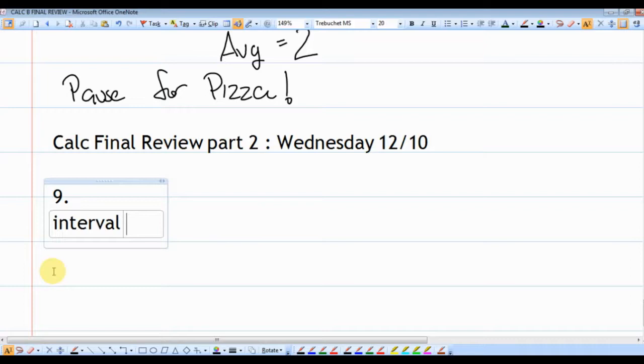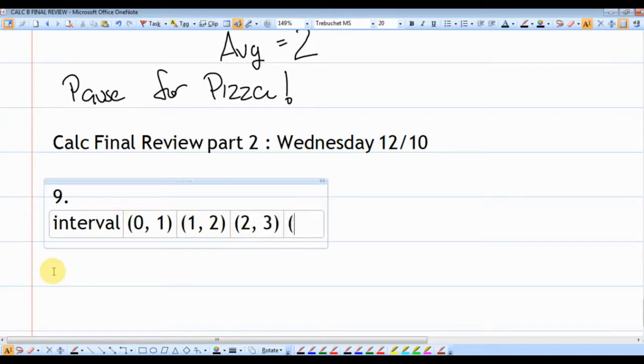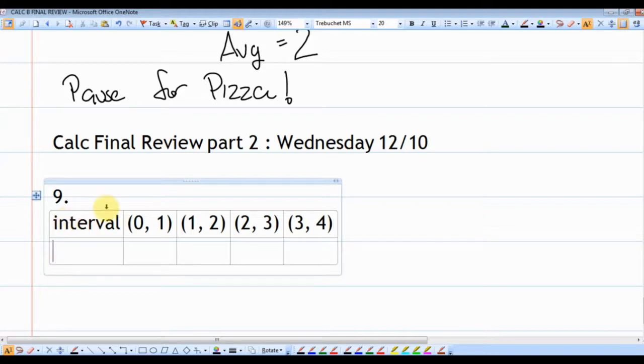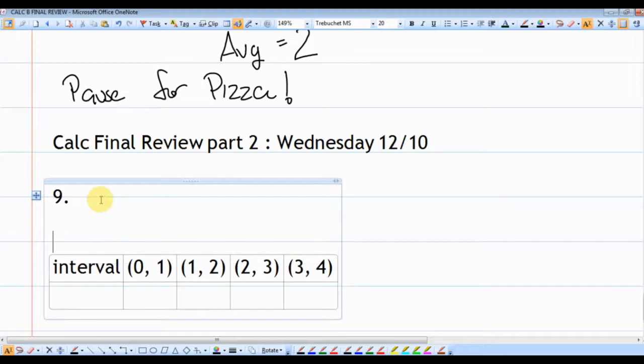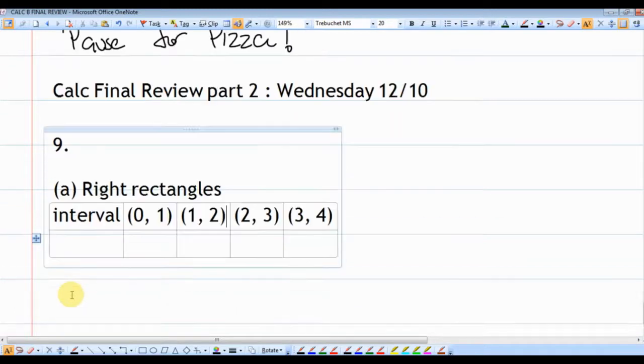So the first interval, we're just going from 0 to 4 again. 0 to 1, 1 to 2, 2 to 3, 3 to 4. The next is going to be the height. Sorry, we're doing part A here, which is the right rectangular approximation. So in the right rectangle, we're going to get the height.